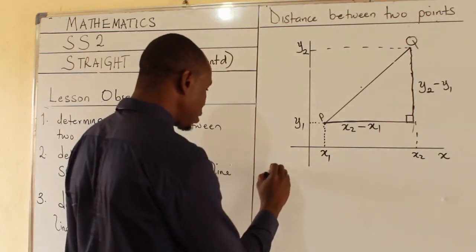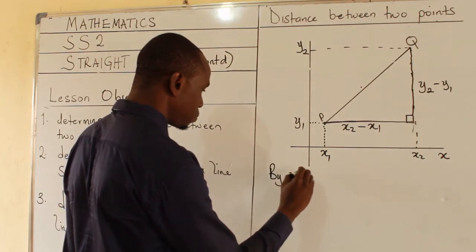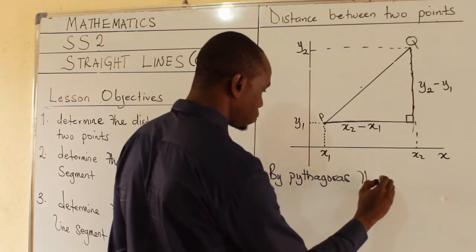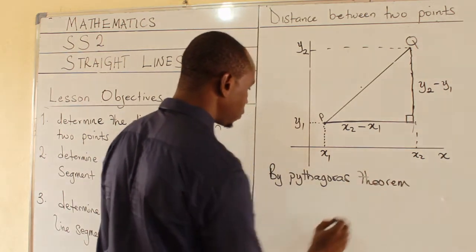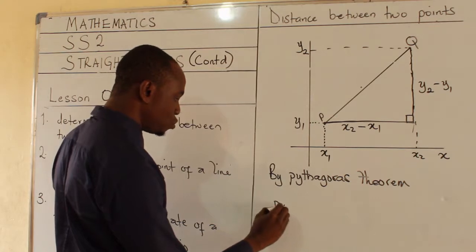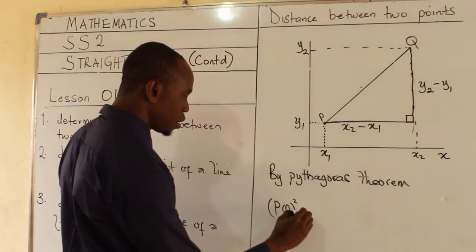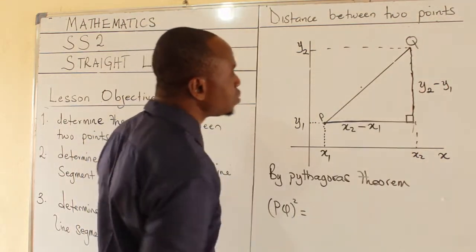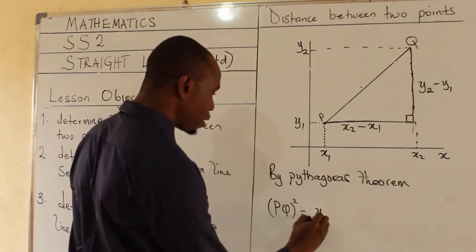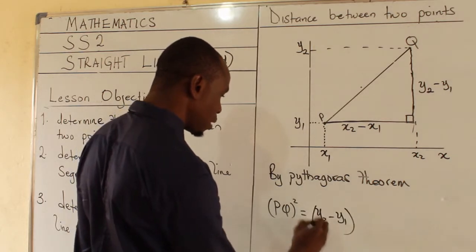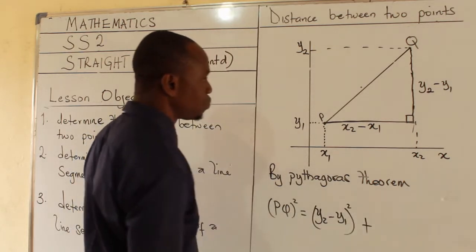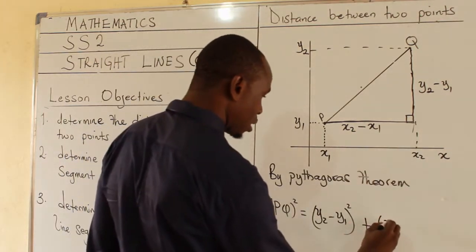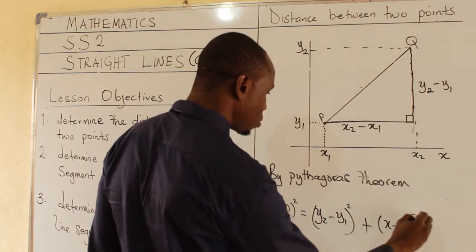So by Pythagoras theorem, PQ squared is equal to the square of the length of the vertical axis, which is y2 minus y1 squared, plus the square of the length of the horizontal axis, which is x2 minus x1 squared.